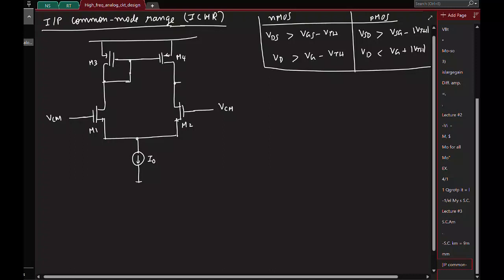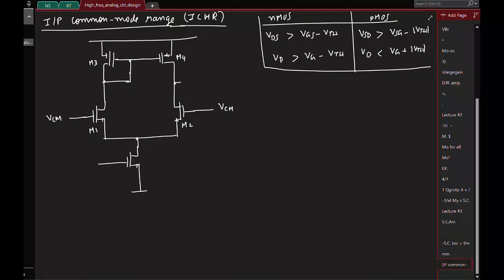Great. So now let me replace this also with the real transistor, so that we have the 5 transistor configuration, and I'll call it M0. So now let us say I keep reducing this input common mode voltage.